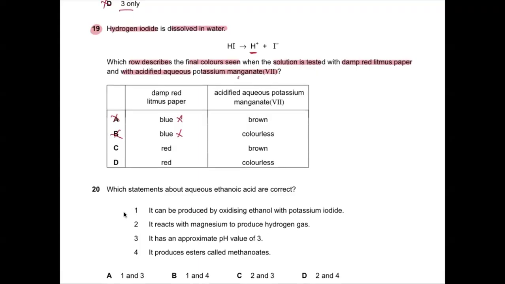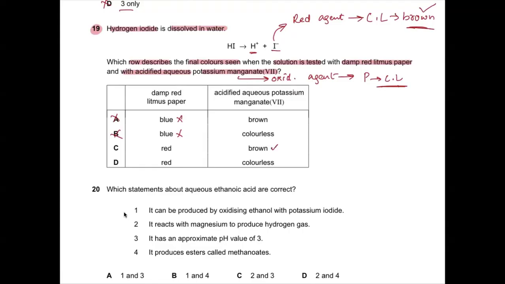And potassium manganate is an oxidizing agent. And if you recall potassium iodide, iodide is a reducing agent. So when these two react, the purple goes to colorless, and the iodide goes from colorless to brown. So at the end, when these two mix, we are going to observe brown. So over here, brown. So D goes wrong, and C is the correct answer. Is this clear to all of you?